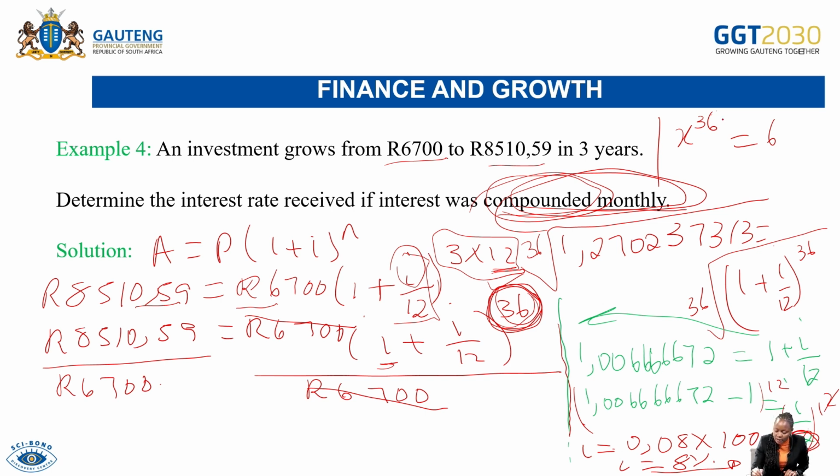Because this is 36 all over 1, you'll either say times 1 all over 36, and on the other side you also do the same thing, because remember what you have done on the right, you also do on the left. So it means the exponent there, because you have 1, you can say times the 1 all over the 36. So either you do that, or you just introduce the root of 36.